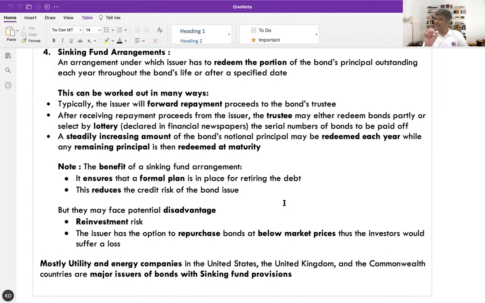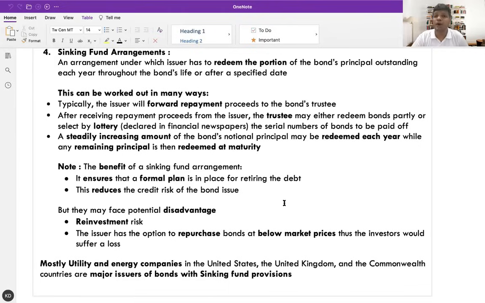Now, all this is properly structured. It's not a random amount. It is planned how much will be put in the provision in the first year, the second year, the third year, and so on. And who takes care of this formal plan? The trustees. The trustees are appointed, and it is the trustee who will ensure that whatever fund is received is reimbursed to the bondholders.